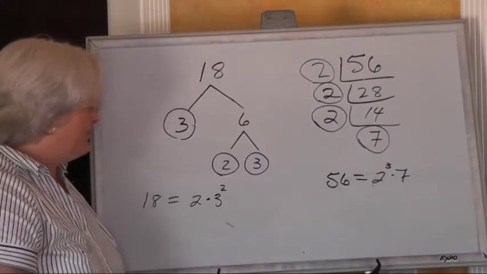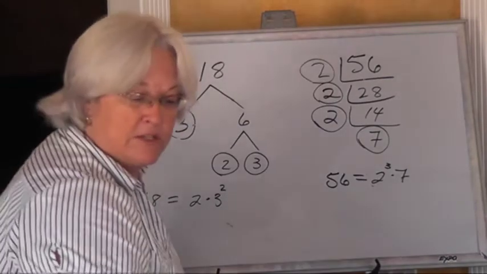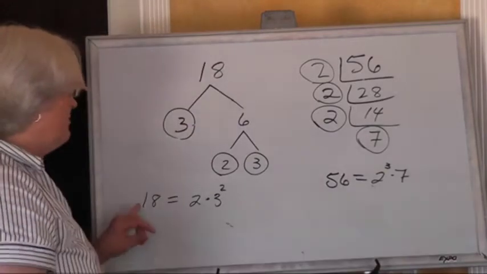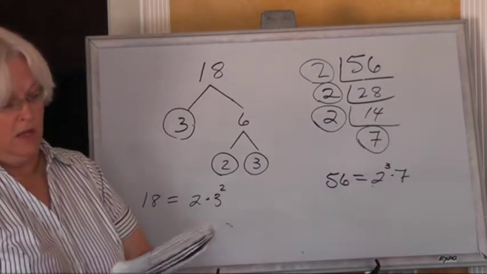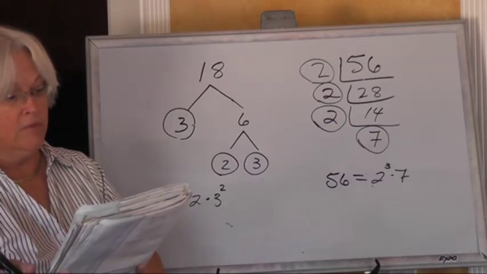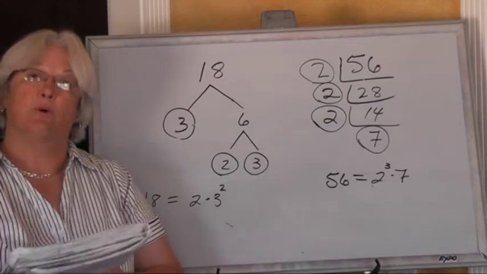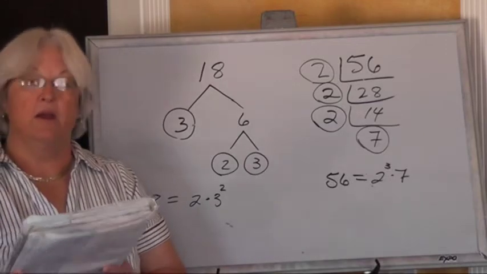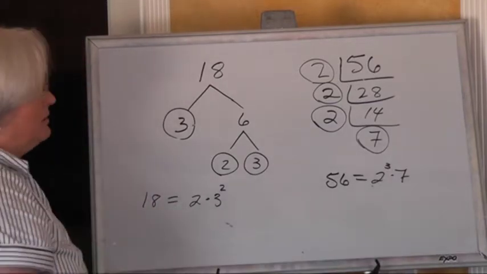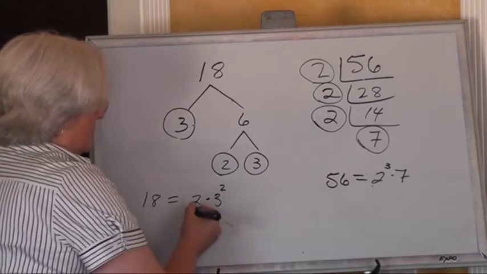learning your multiplication facts. Now, we want to know what the greatest common factor of 18 and 56 is. Remember, this says the greatest common factor is the product of the prime factors that the numbers have in common. What factors do the numbers have in common?